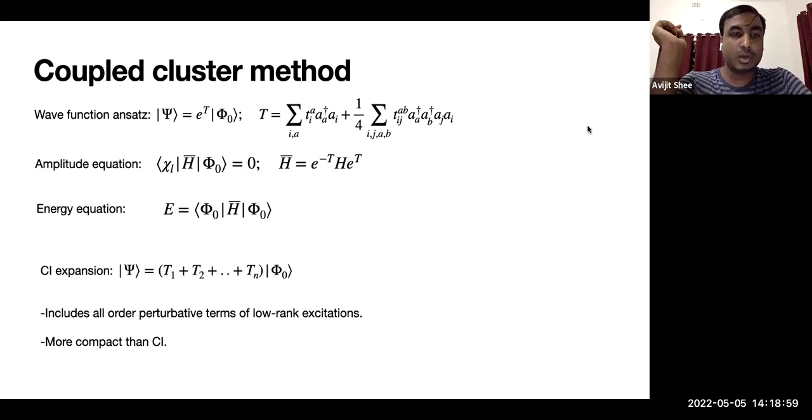Coupled cluster is a wave function method based on an exponential parameterization of cluster operators. Here a cluster operator means various hole-particle excitations, and here I have shown the hole-particle excitations up to rank 2, that is rank 4. So this is just the singles, doubles approximation.